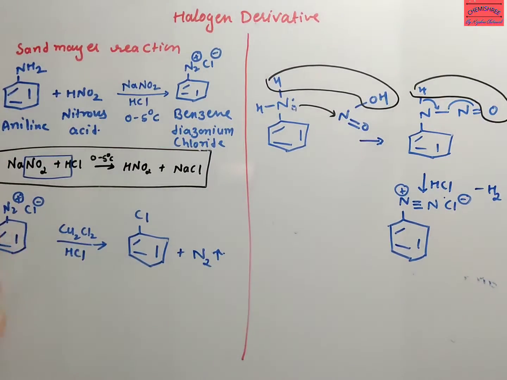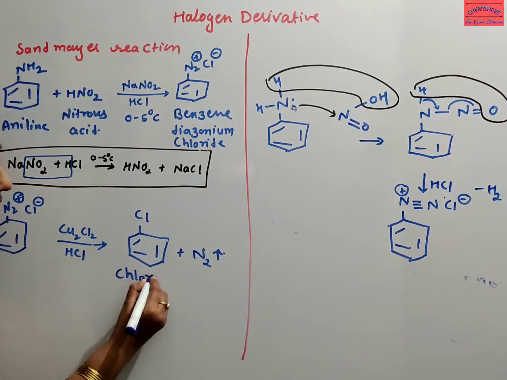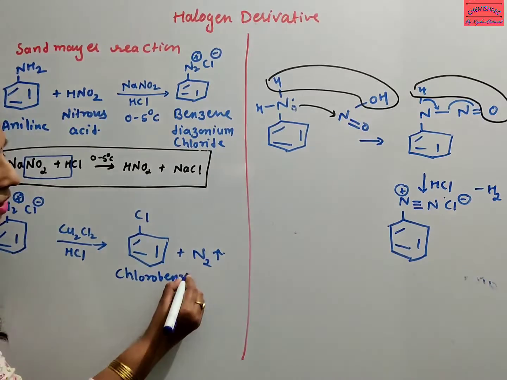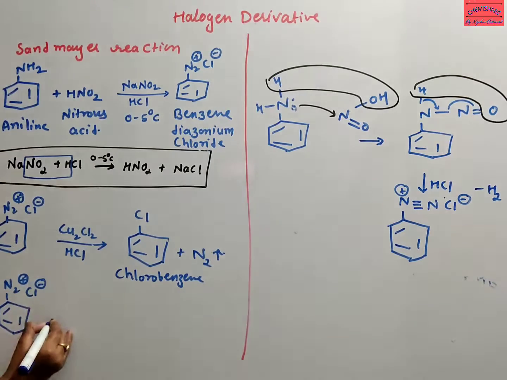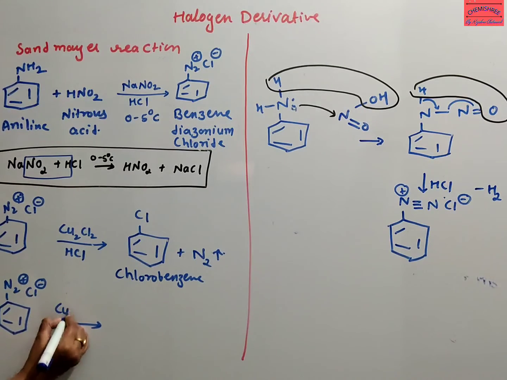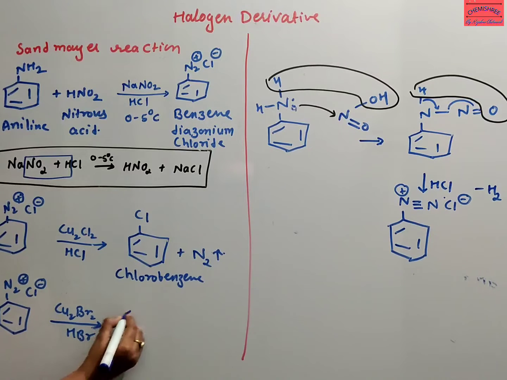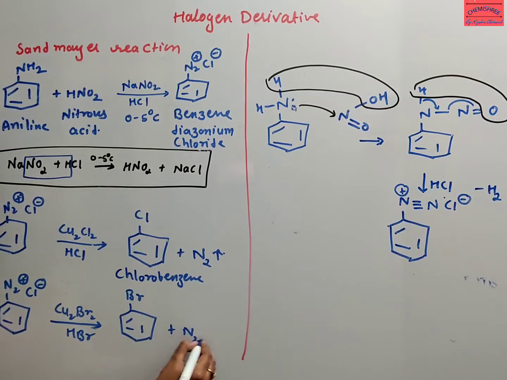So this is the reaction, formation of chlorobenzene. This reaction is known as Sandmeyer reaction. Similarly, you can form bromobenzene from benzene diazonium chloride with Cu2Br2 plus HBr. So it will give you bromobenzene plus nitrogen gas evolved.